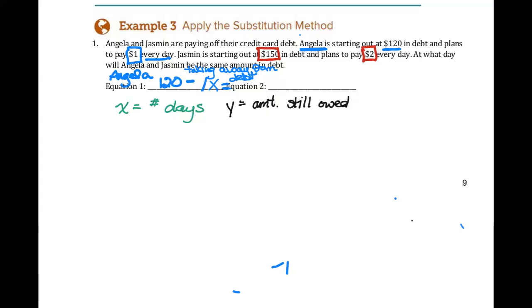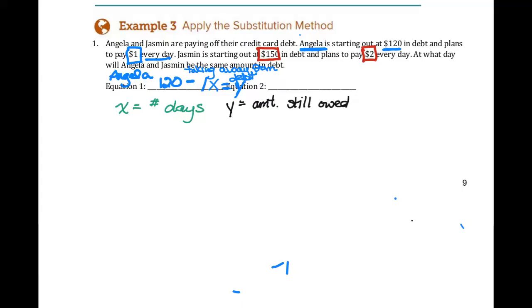Because if she starts at 120 and then she's paying down that debt, once we figure out what the X is, then that says she doesn't still owe 120, she owes 120 taking away some of that other debt. So the Y is going to be the amount she still owes. So we're going to set that equal to Y.